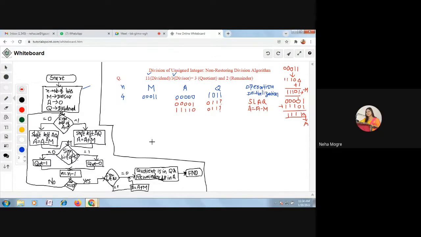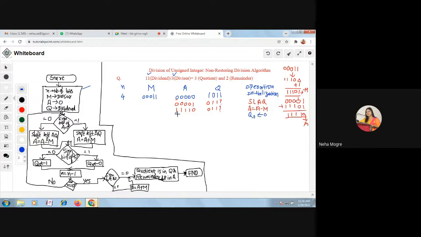Again, what is the sign bit of A? 1. See here. After performing left shift AQ and A equals A minus M, again we have to check the sign bit of A. Here it is 1. If it is 1, what do we have to do? We have to place the value of Q0 as 0. So here we are placing Q0 as 0.